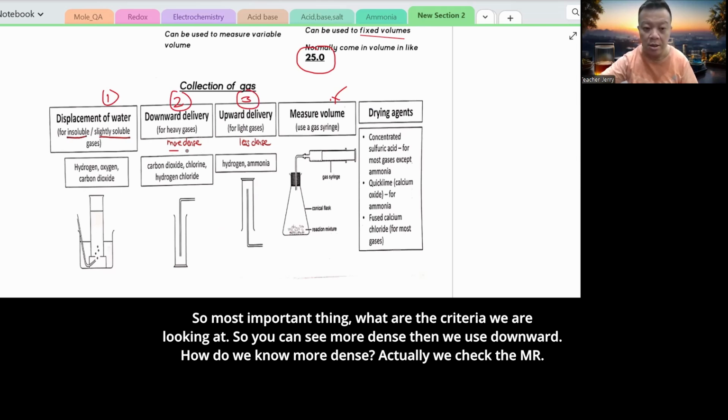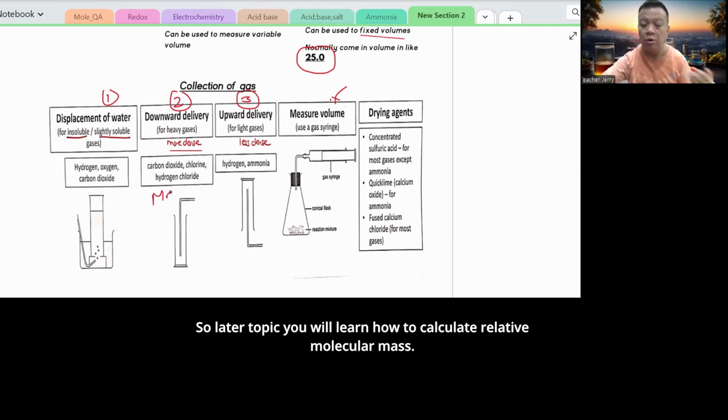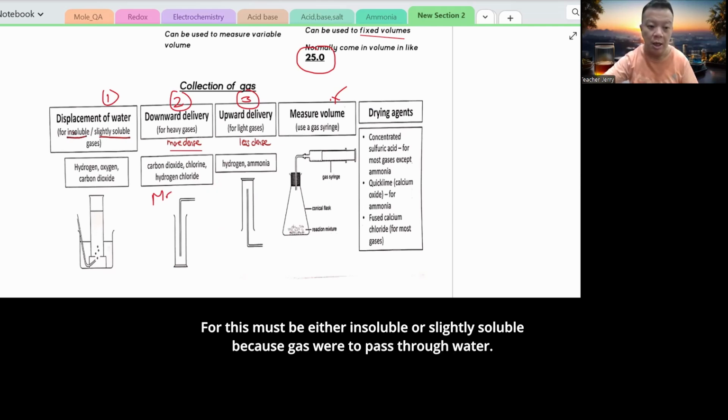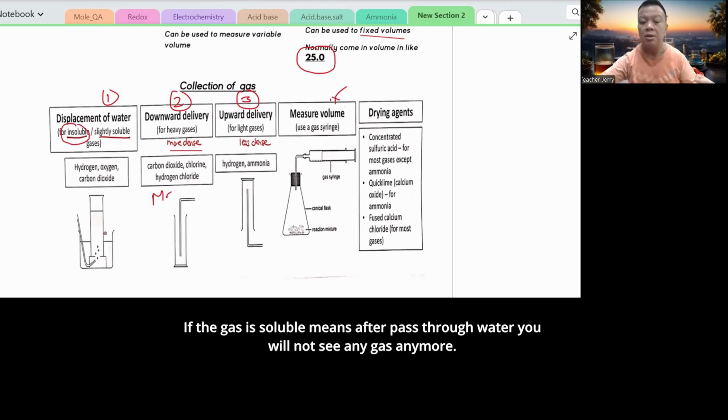If the gas is more dense, then we use downward delivery. How do we know it is more dense? We check the Mr. Later, you will learn how to calculate relative molecular mass. More dense means higher Mr, less dense means lower Mr. For displacement of water, the gas must be either insoluble or slightly soluble because the gas has to pass through water. If the gas is soluble, after it passes through water, you will not see any gas anymore.